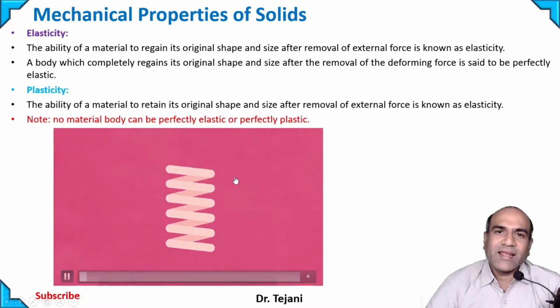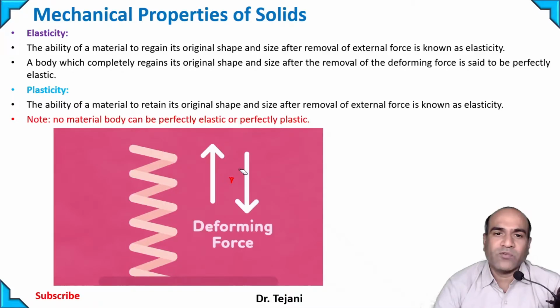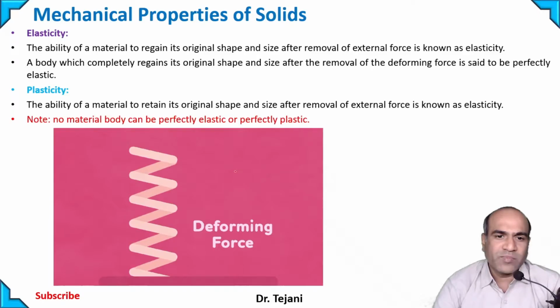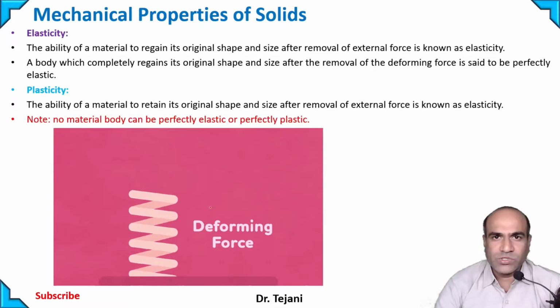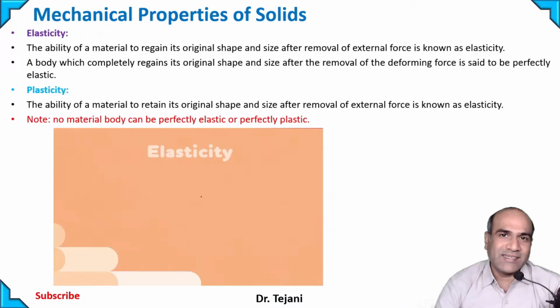So we are considering a spring. We have seen that when we apply force in the downward direction, there is a compression. If we apply force in the upward direction, there is an expansion. That force is known as deforming force. Deform means there is a change of shape. But if we remove this force, what happens? It returns to its original shape and size, and that property is known as elasticity.